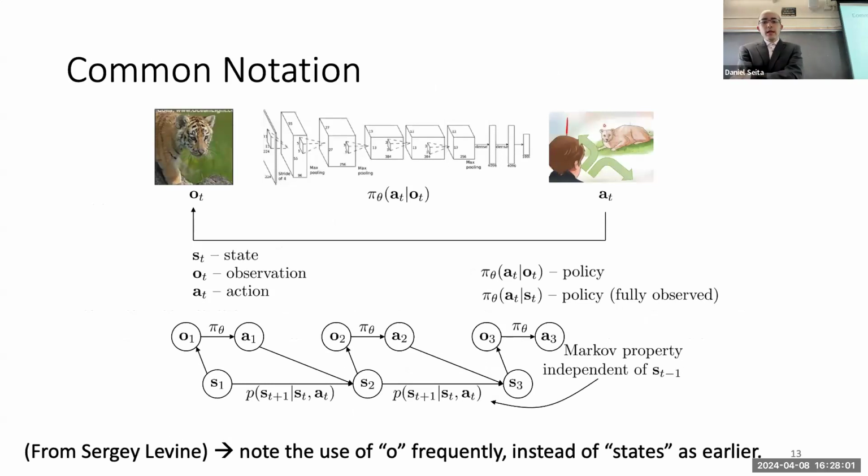All right. And so to clarify some of the common notations, we've already talked about what a state means. We've already talked about action. And the observations are the higher dimensional thing, like images, and the state you can think of as something lower dimensional that concisely encapsulates all the information that the agent would need to know about the environment.